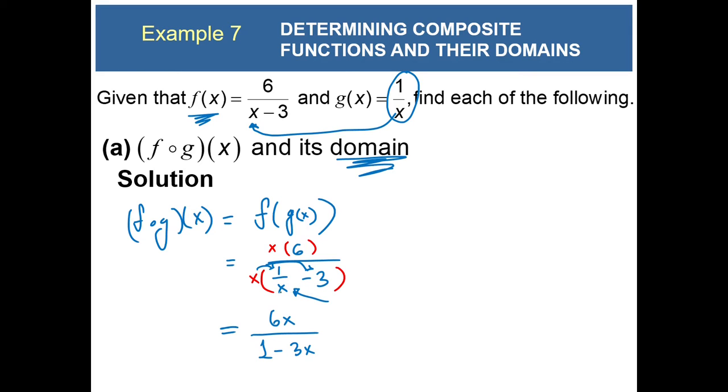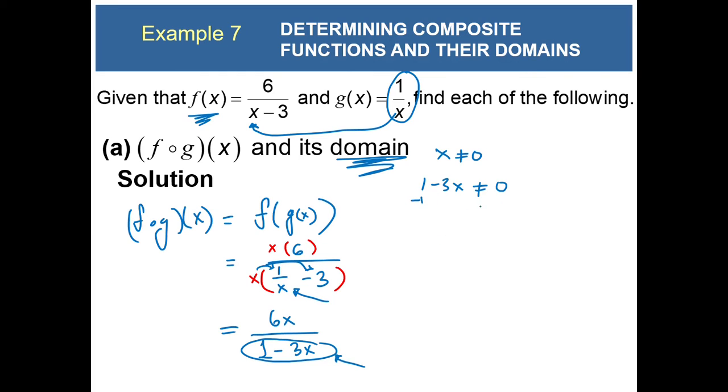If x was 0, it would be undefined, so we need to exclude 0 as part of our domain. And continuing our work, we notice that if the 1 minus 3x was equal to 0, it would also be undefined. So we'll take 1 minus 3x and we'll exclude that from being equal to 0.